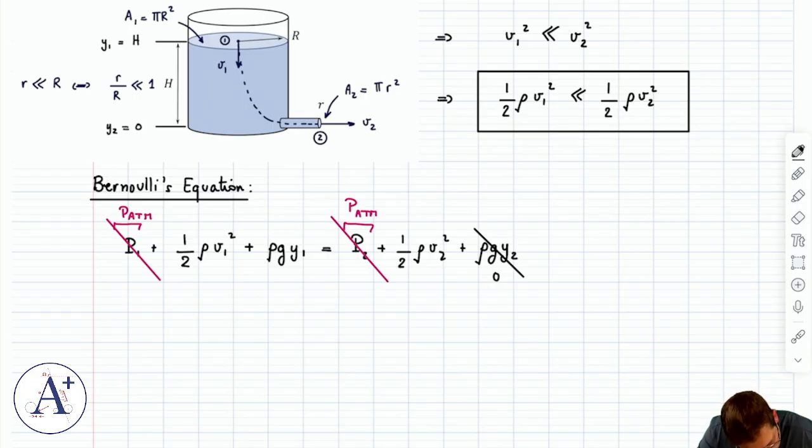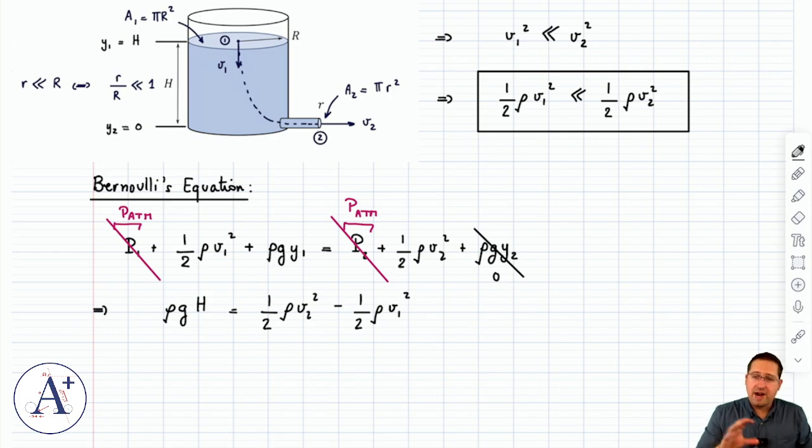Okay, so then I have Y2 is 0, Y1 is H, so this is rho g H is equal to 1/2 of rho V2 squared minus 1/2 of rho V1 squared. Okay, so we're back to neglecting some things in front of other things.